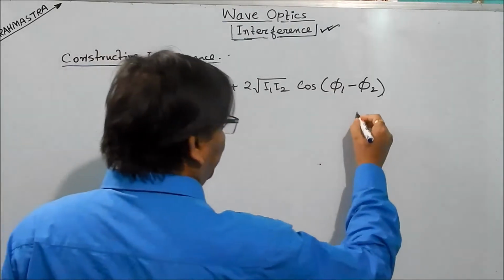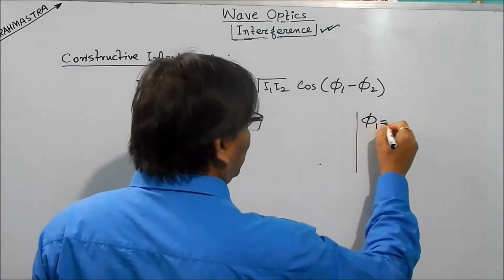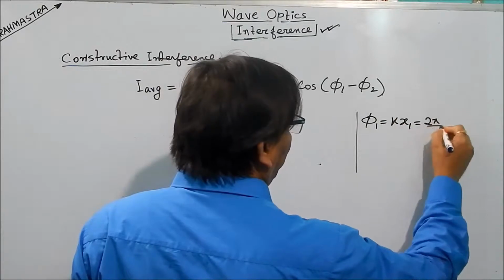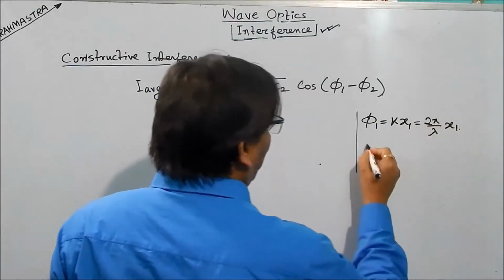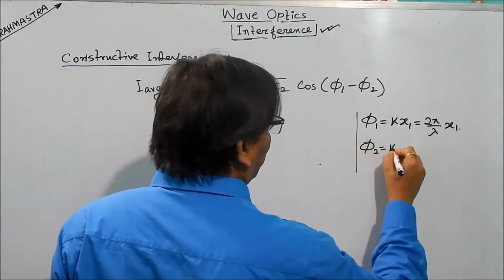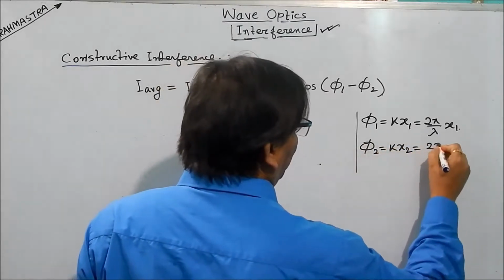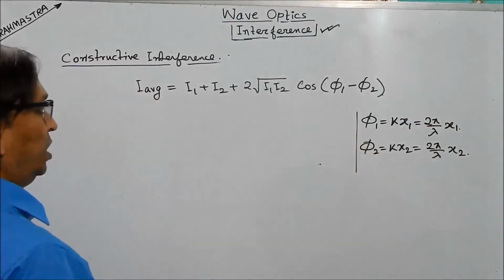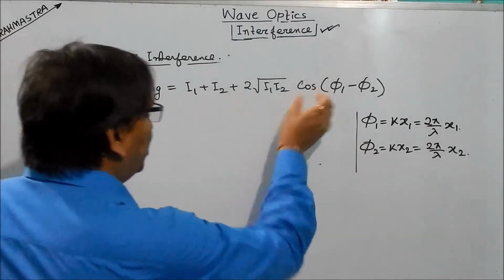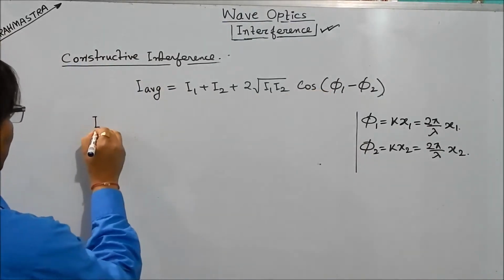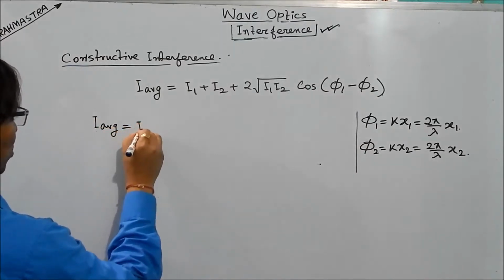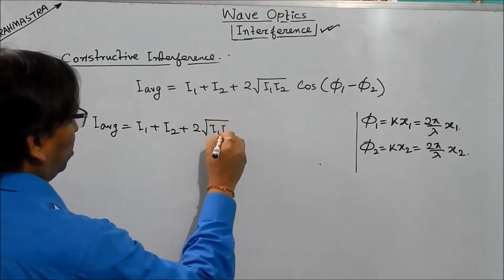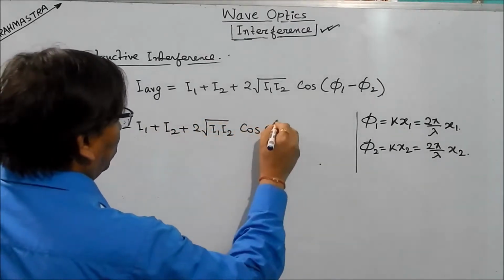So what is phi 1? Remember phi 1 is equal to kx1, where k is actually the wave vector, that is 2 pi by lambda into x1, and phi 2 is kx2, which is equal to 2 pi by lambda and x2. So this is phi 1 minus phi 2. So we write it in a brief format: I average equal to I1 plus I2 plus 2 root under I1 I2, and we write it cos phi.